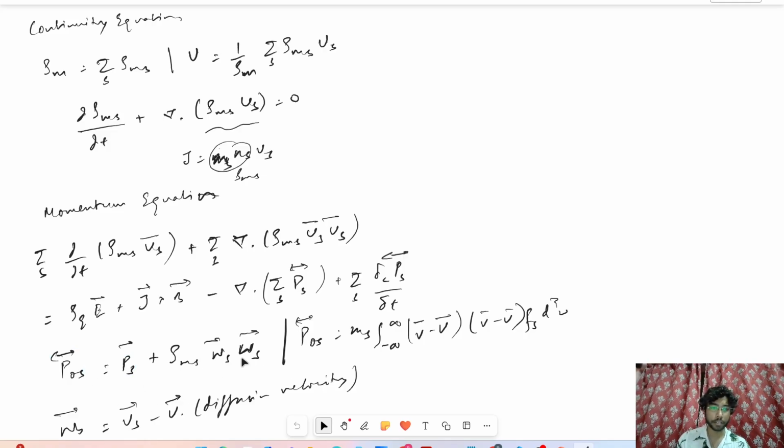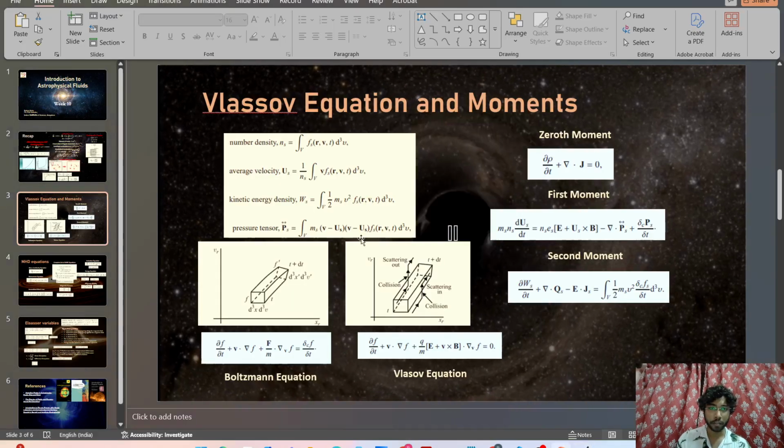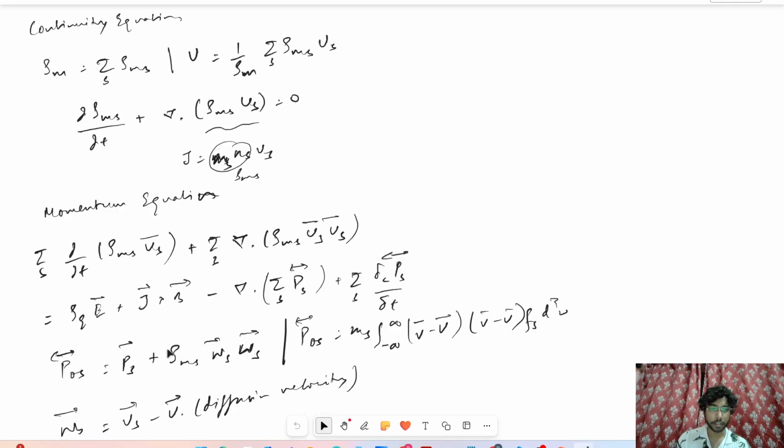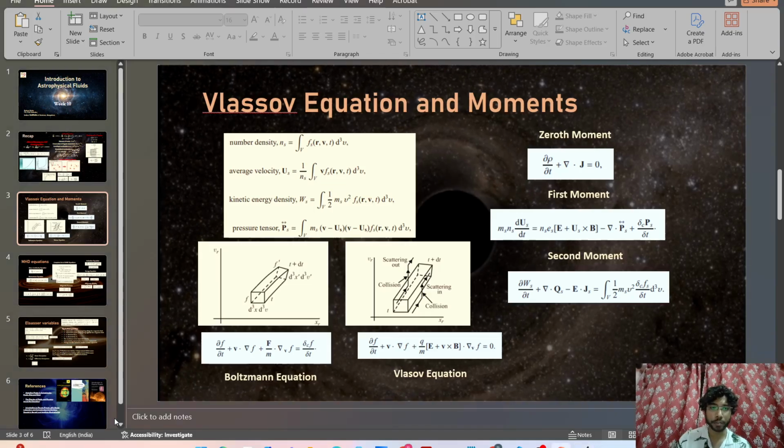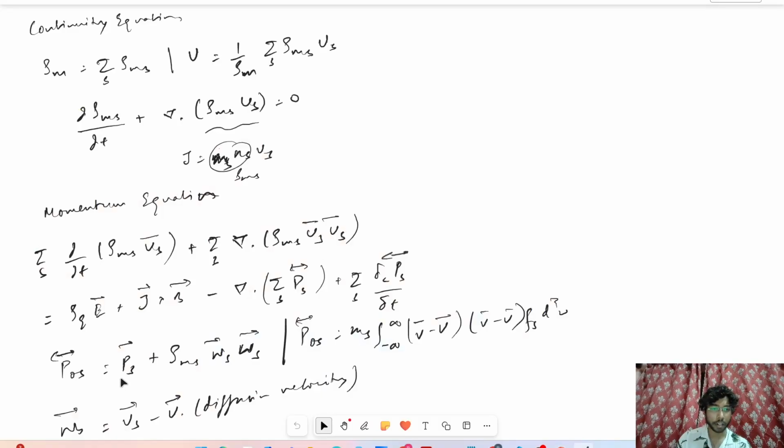This is simple, straightforward algebra. You can just expand P naught s and P_s and add this term, where W is given like this, and you can see that the u_s will cancel, and you will get P naught s which does not have any u_s.